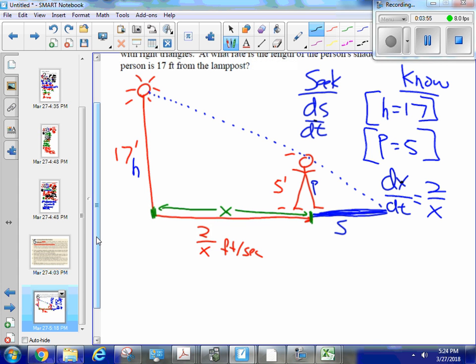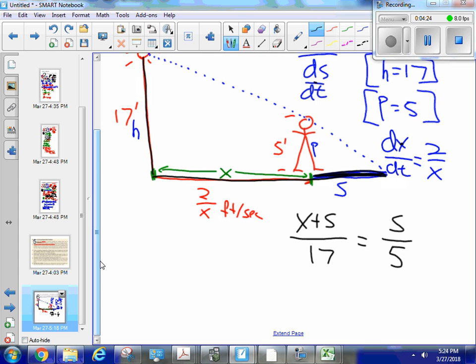So I know that x plus s, that's the base of this big long triangle here, is to 17, which is the height right here, as s, which is the base of this little triangle right here, is to 5. Well, I think that just made me very happy, because I think that's the equation that I need.